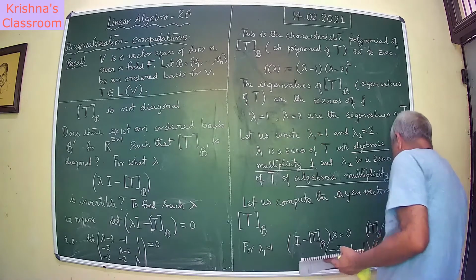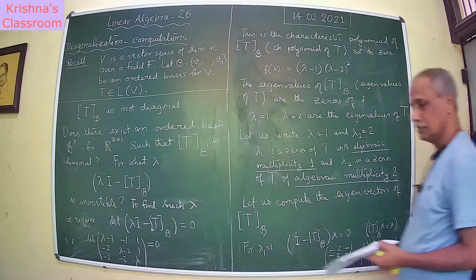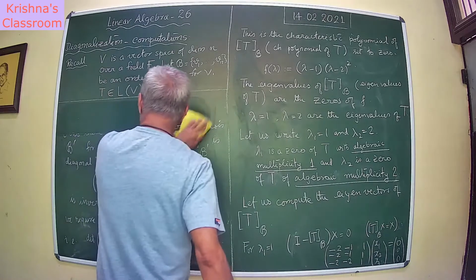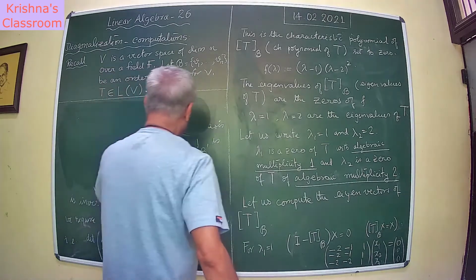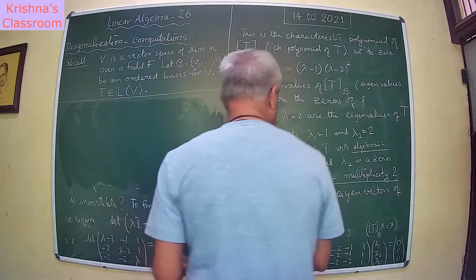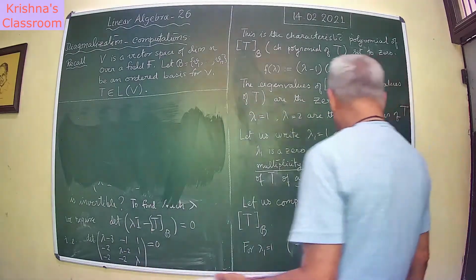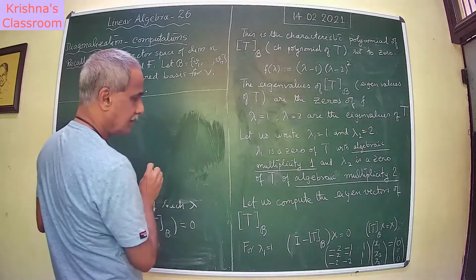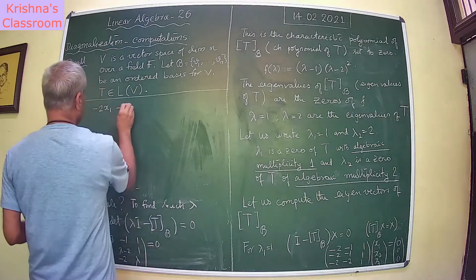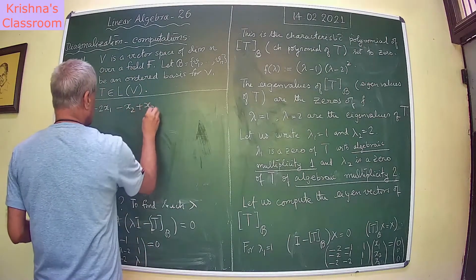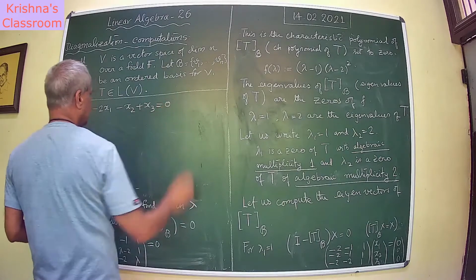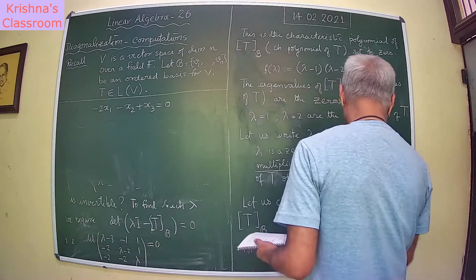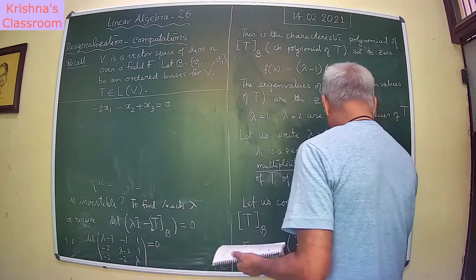These are the three equations that you have to solve. So I have two independent equations, because the first row, when you multiply, you will get minus 2x1 minus x2 equal to 0, and the same equation comes here when you multiply this x1, x2, x3 by this second row.